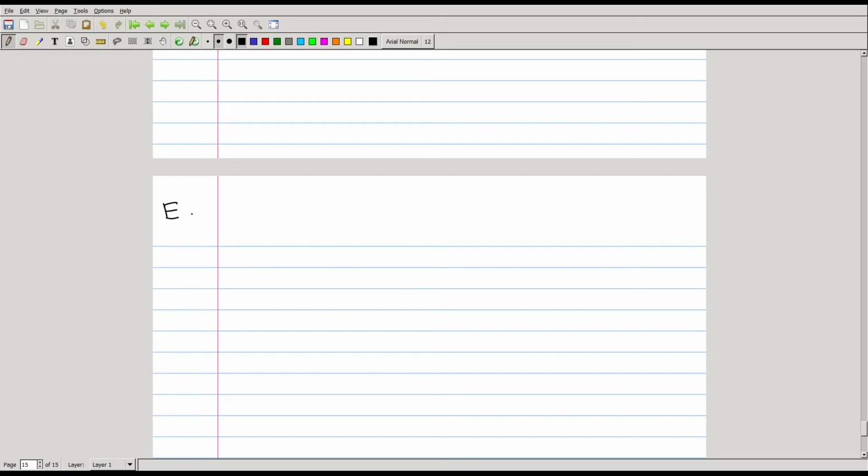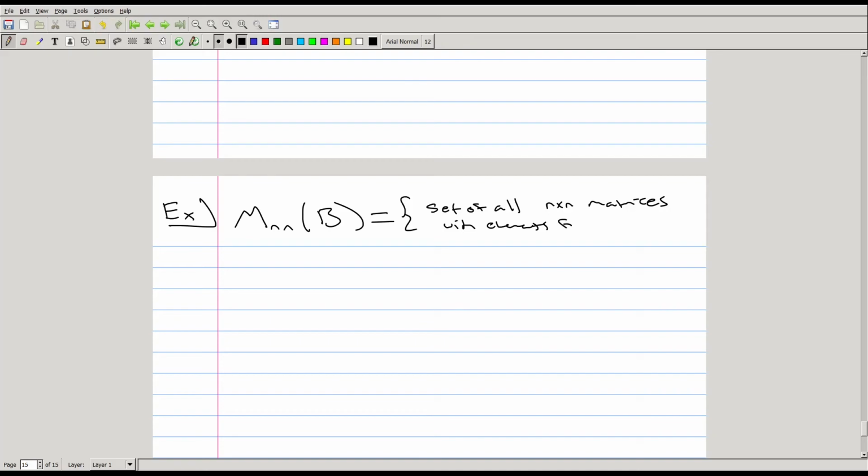Specifically using our notation Mn that we introduced earlier, Mn of this B, this Boolean set of 0, 1, is the set of all n by n matrices with elements from B, or with elements that are 0 and 1.